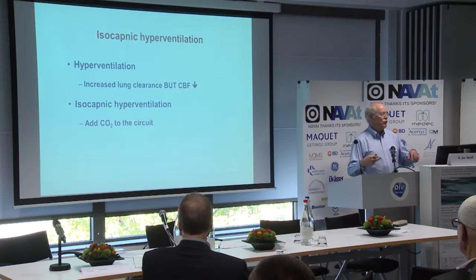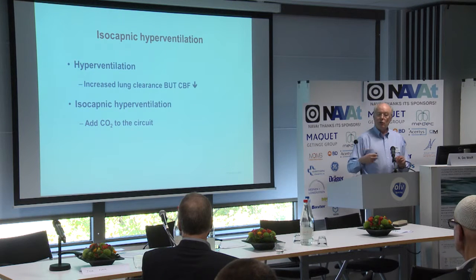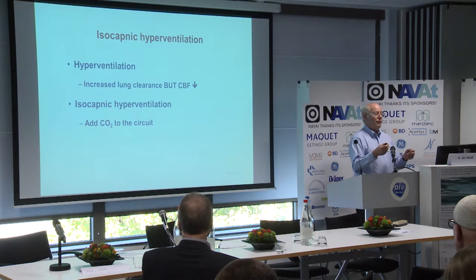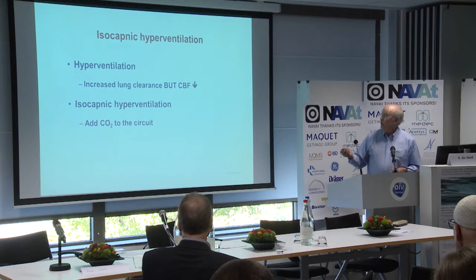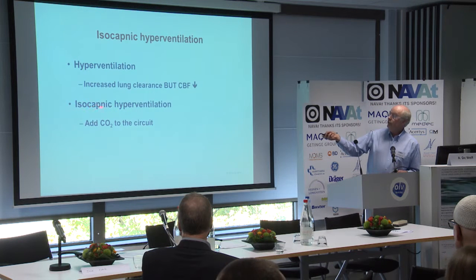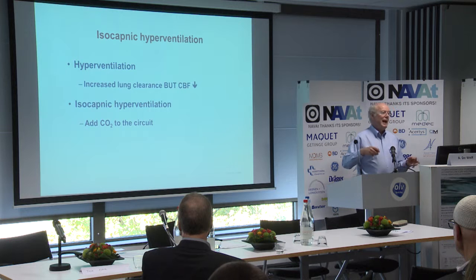When you decrease CO2 through hyperventilation, the cerebral blood flow goes down. That hinders the removal of your agent from the brain, and therefore this is counterproductive. The solution for that is to use isocapnic hyperventilation. You add some CO2 to the circuit to maintain normocapnia, or you can even increase end-tidal CO2 a little bit, so that you at least maintain cerebral blood flow, so that it doesn't work against you.